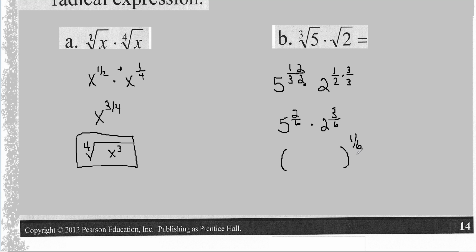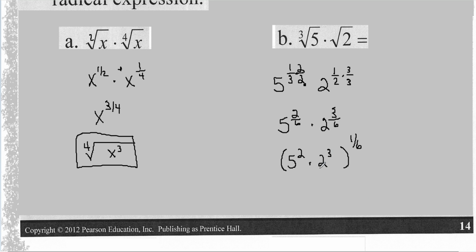If I put back what's left over, 2/6 divided by 1/6 is going to be 5 to the 2nd power, because when I multiply this 2 times the 1/6, I get 2/6 back, times 2 to the 3rd power.